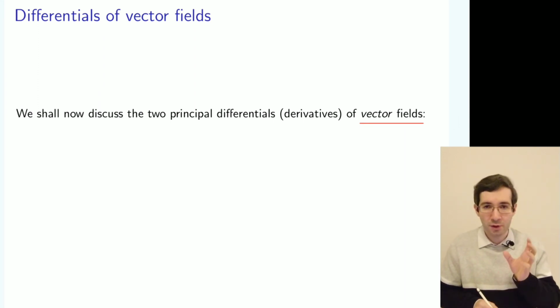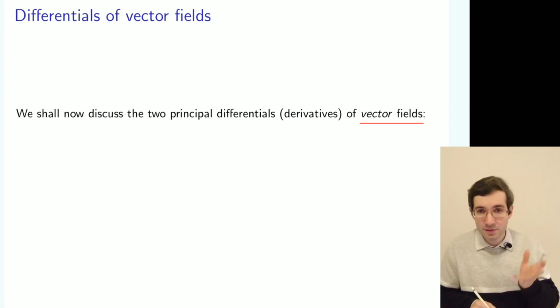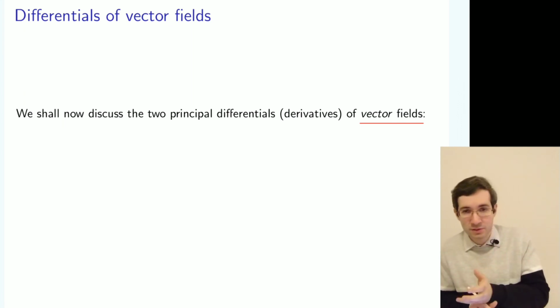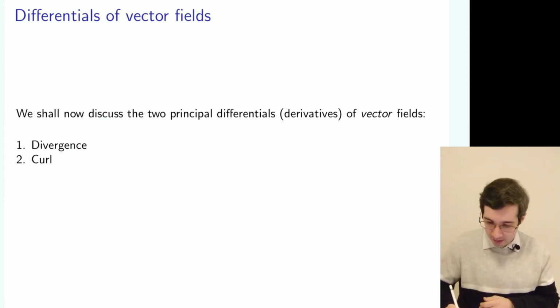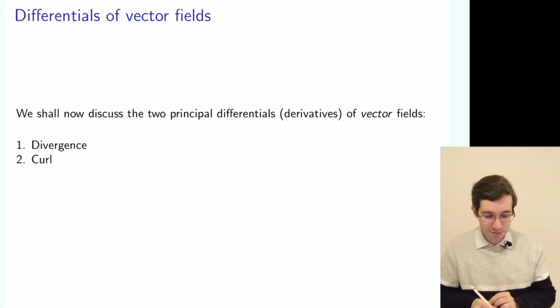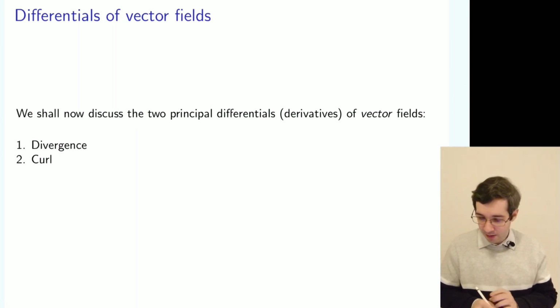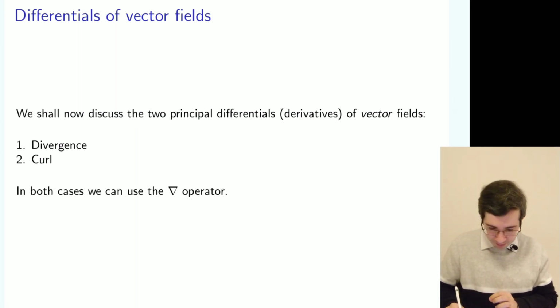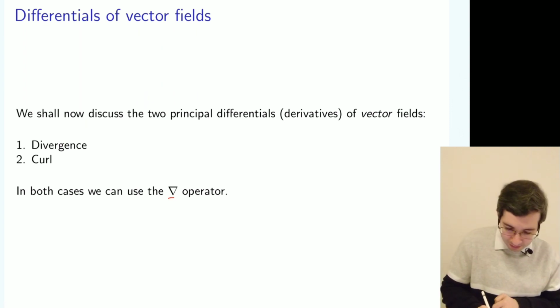So now that we have an object, this nabla, which behaves somewhat like a vector and somewhat like a derivative, we can use it to define operations on vector fields. And we will look at two operators. One will be called divergence, one is a curl. And that is precisely what we're going to consider in the subsequent videos using the nabla operator.